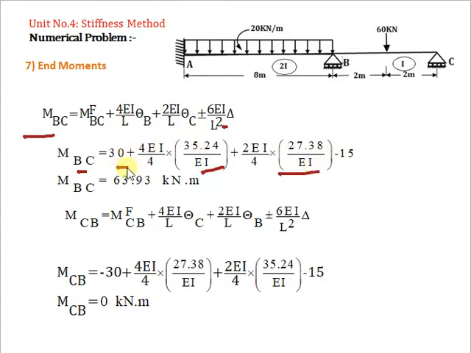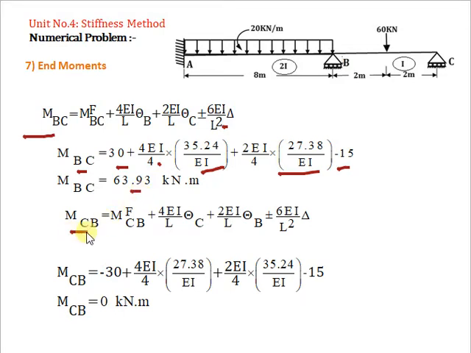We know the fixed end moment MFBC is 30, the moment of inertia is I, and the span BC is 4 meter, and 6EI by L square into delta, as calculated earlier, is minus 15. So by solving we have MBC equal to 63.93 kilonewton meter.